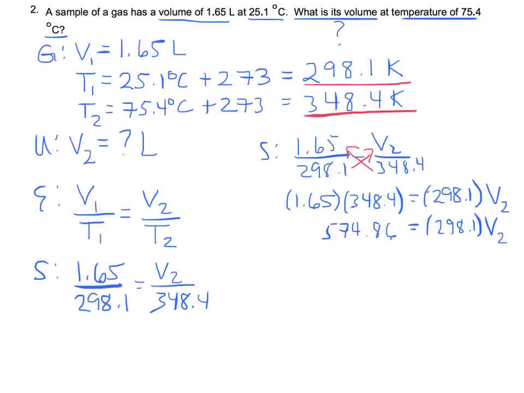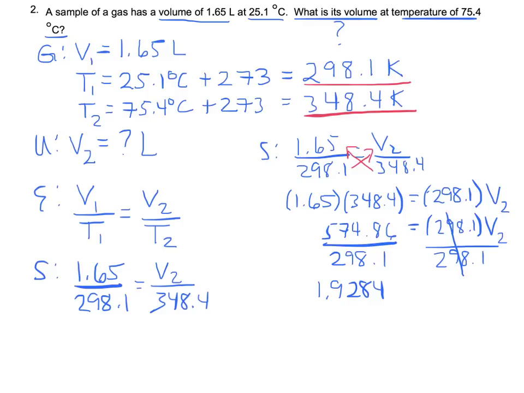And then remember I said this is cross multiply and divide, so now our step to solve for V2 is to divide both sides by 298.1. So that cancels out the 298.1 on the right side of the equation, and then we take our 574.86 and divide it by 298.1, and this is where you get one of those big long numbers on the calculator, 1.92841 and so on.